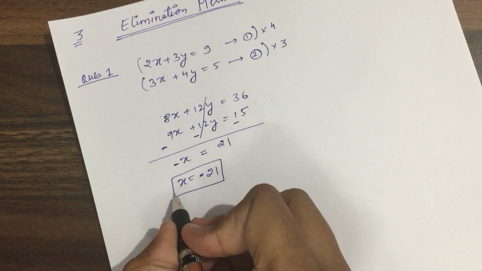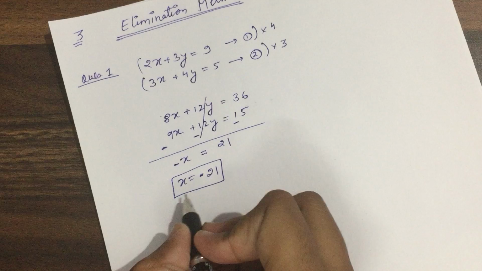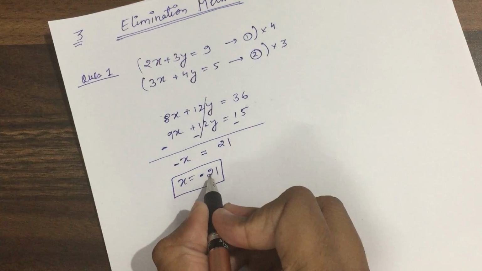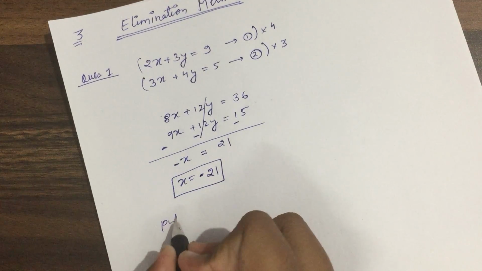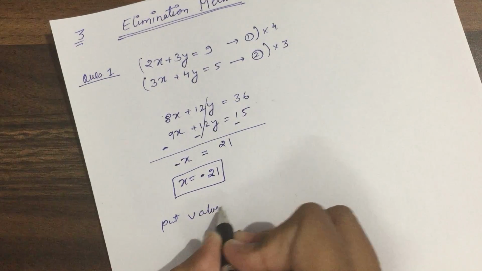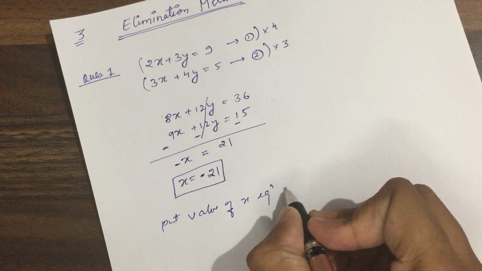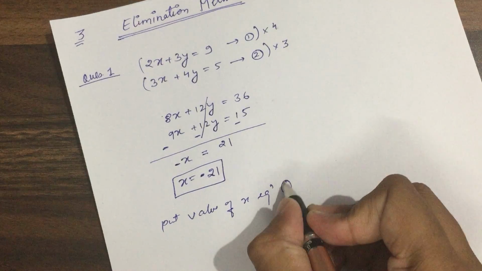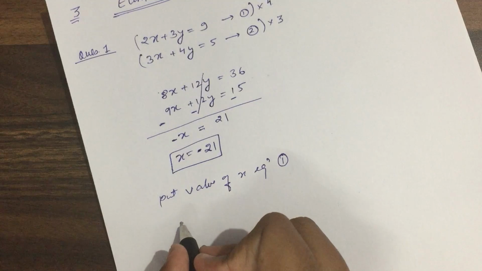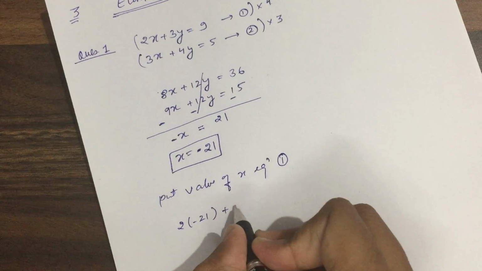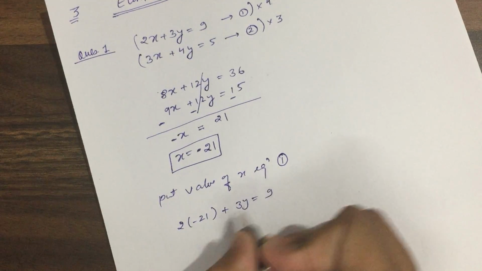Now in order to get the value of y, we can put this value of x in any of the above equations. So put the value of x in, let us take equation 1. So 2 into minus 21 plus 3y equal to 9.